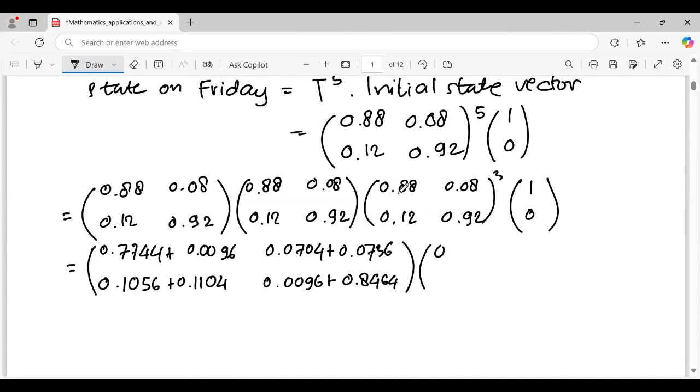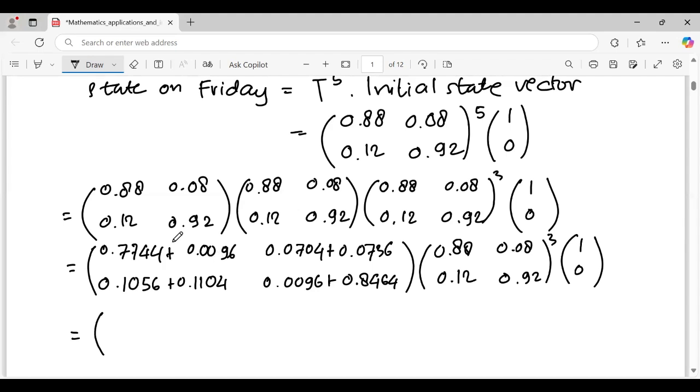After that, this matrix to the cube times (1, 0). After that, we're going to calculate the accumulations.